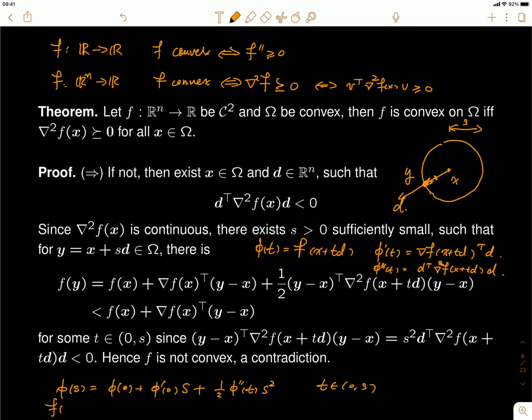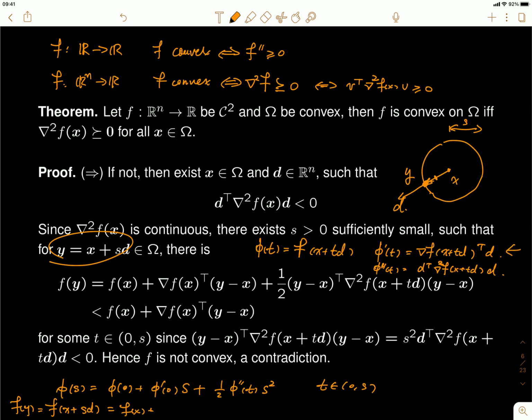This is f of, according to our definition above, just f of x plus sd, and according to our definition of y here, it's just f of y. Okay, and on the right-hand side we have f of x plus the phi prime at 0. Check this.